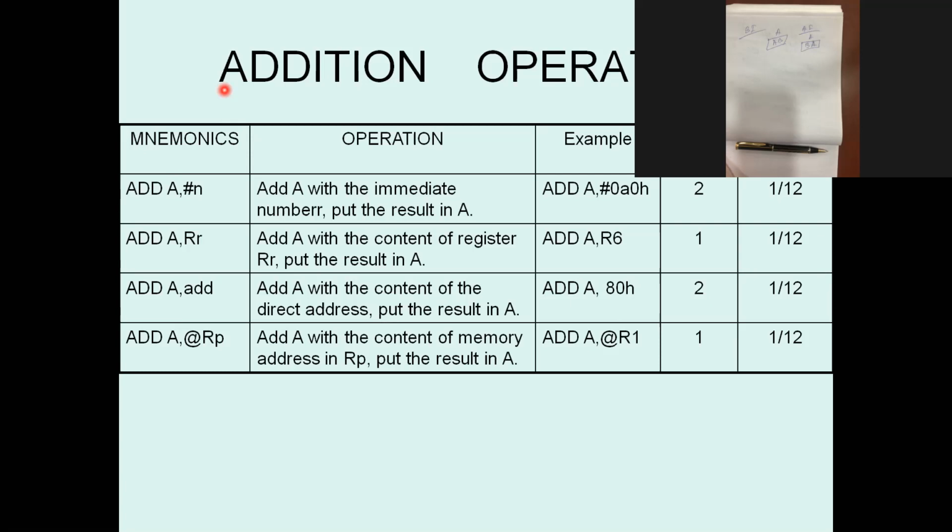For the next form, the data of the memory location addressed by Rp will get added with the data of the accumulator and the result is stored in the accumulator. It means the content of the particular memory location pointed to by Rp is added with the accumulator and the result is stored into the accumulator.